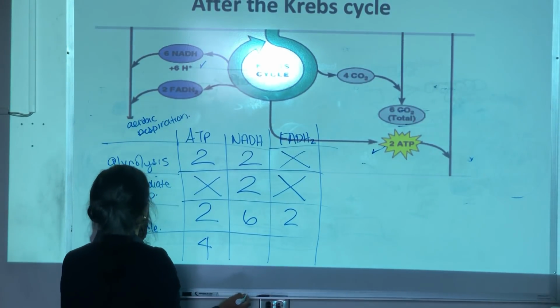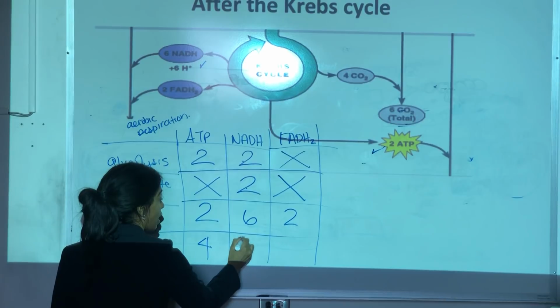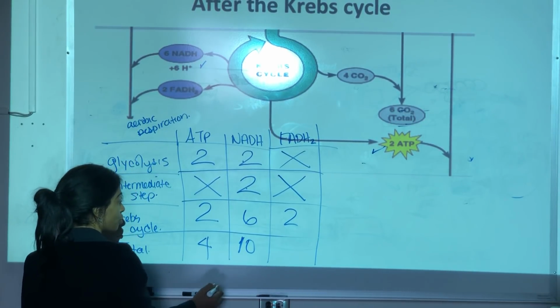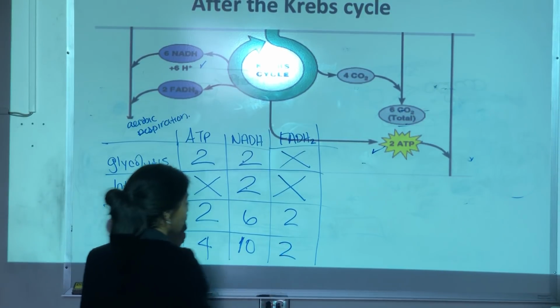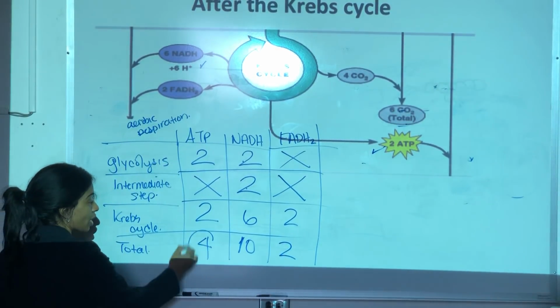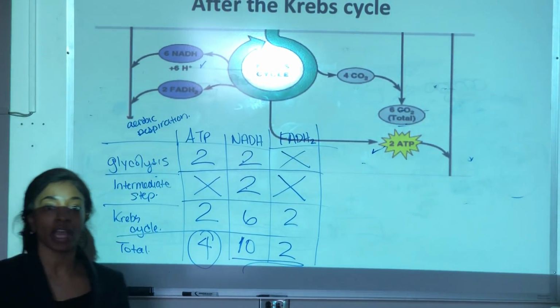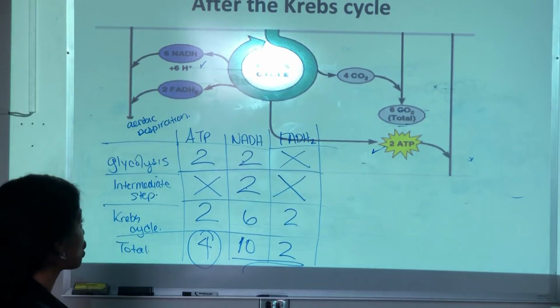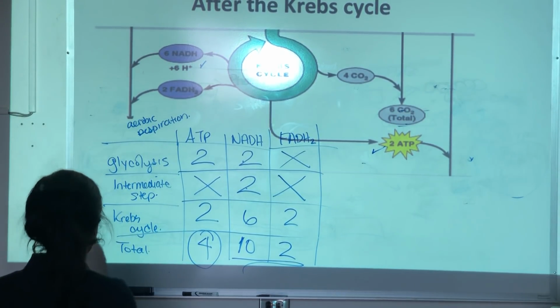Then we have our, if we add this up, 10 NADH, right? And for FADH2, we have 2. Right, so right away this all gets this energy, but this is the way because the NADH and FADH2 has to take the electrons, guide them to the electron transport chain.